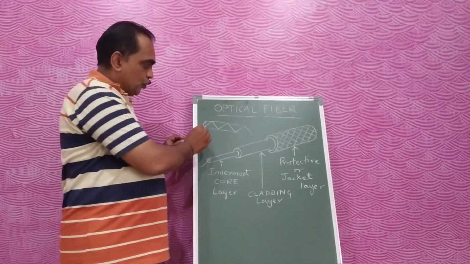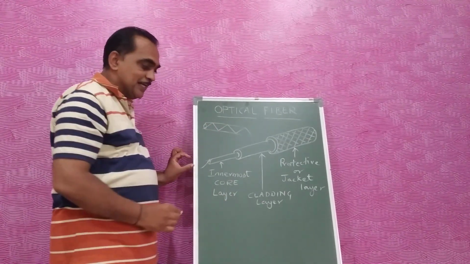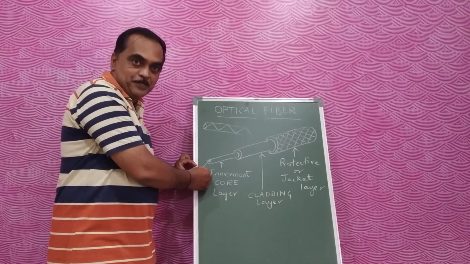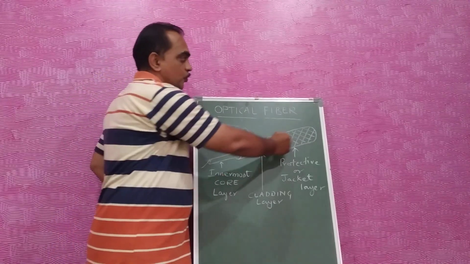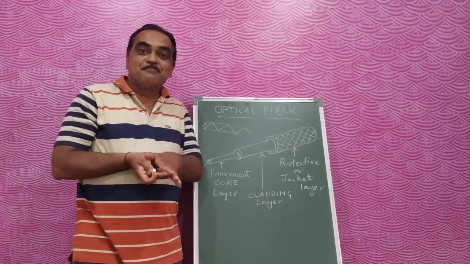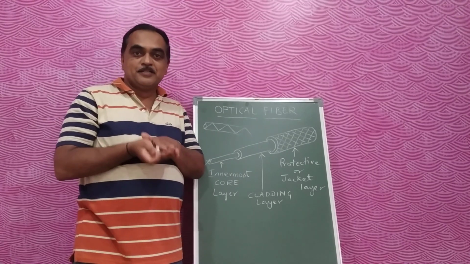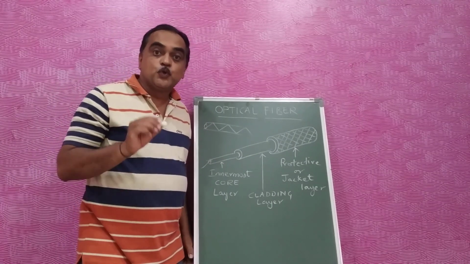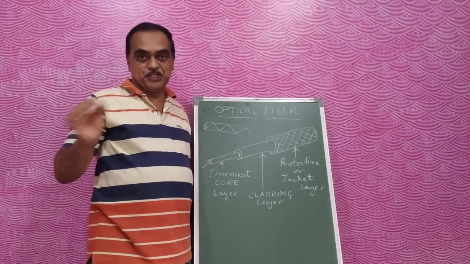So it will follow total internal reflection in the core material, and from one point of the optical fiber, it can get propagated to the other end of the optical fiber. This is how light travels in an optical fiber. The light travels in an optical fiber with the principle of total internal reflection.